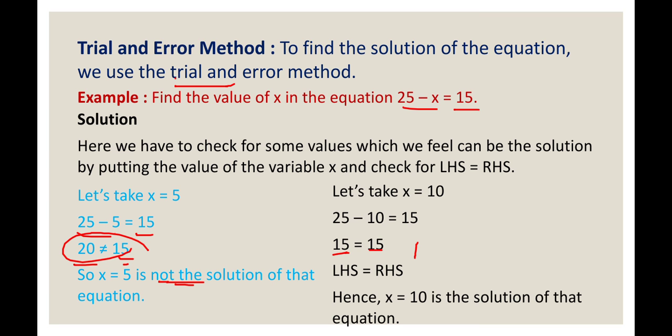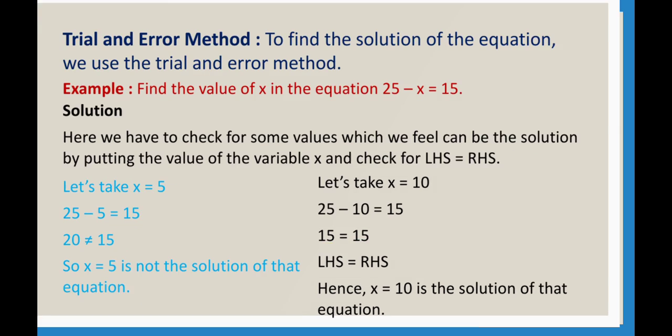So we can say that x equal to 10 is the solution of the equation. Just assume some value for the variable and put it in the equation. If both sides are the same, then it is the solution of the equation. In this way you can check the solution of an equation by just putting the value in the equation. Clear? That's all. Thank you.